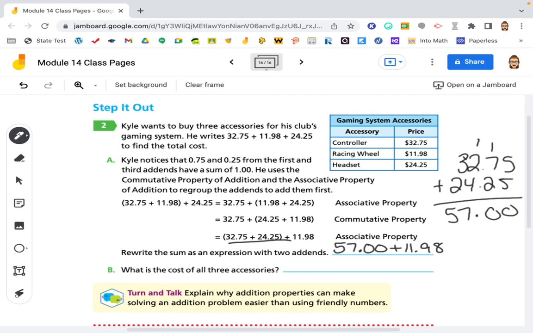Then what is the cost of all 3 accessories? We're going to add those together. So we have 68 and 98 hundredths. And this is money because it's the cost, so we'll label it with dollars. It was $68.98.